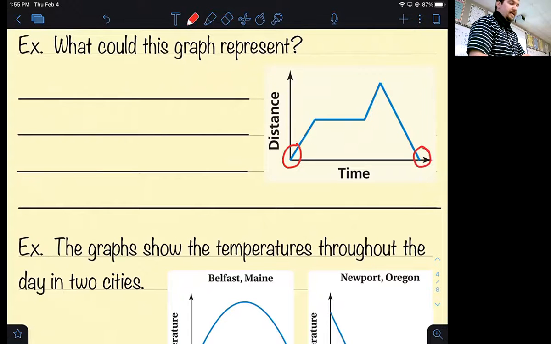Because it's distance from home in your case, she'd have to immediately turn the bike around. But just because the graph goes up doesn't mean your height is going up. This just means your distance from home is increasing, so you're going somewhere, and then you're staying there, and then you're going farther away, and then you're coming back.